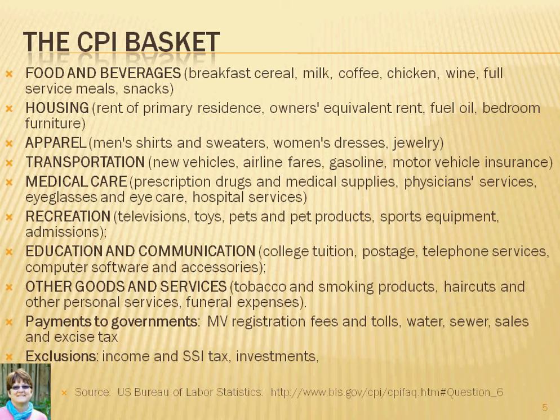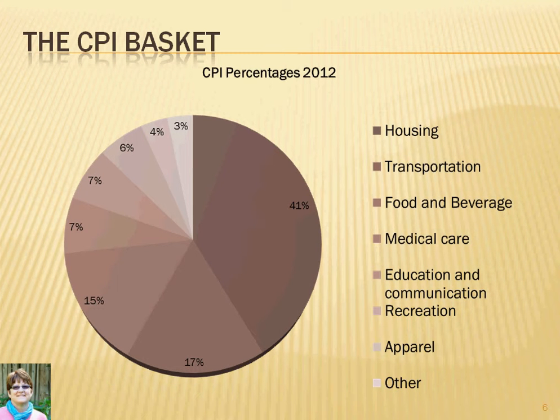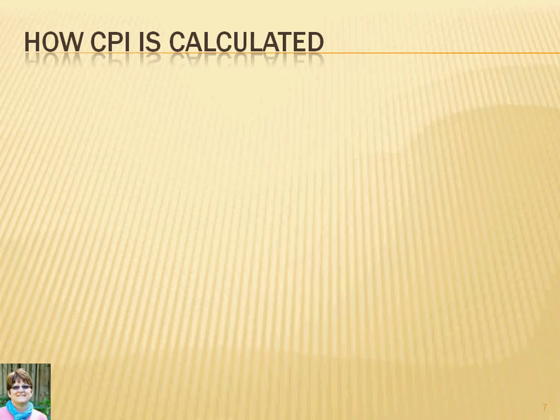This slide also shows excluded items such as income and Social Security tax and personal investments such as stocks, bonds, and 401ks, etc. The current breakdown of goods and services in the CPI basket is shown here, with housing, transportation, and food representing almost 3/4 of total CPI.